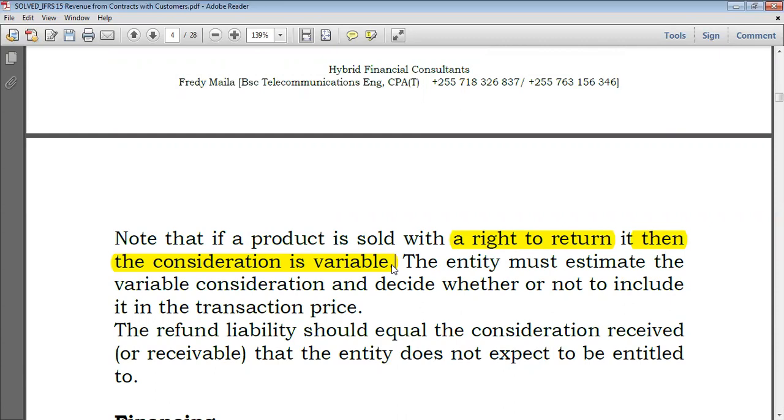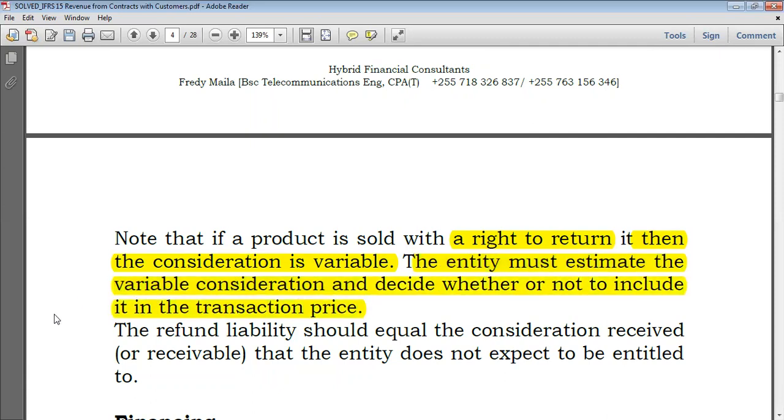So the sales you seem to have made could actually have to be decreased due to the returns inwards made by the customer. Since you delivered the goods to the customer and gave the customer such a right to return, you have to incorporate that impact right away. So the entity must estimate the variable consideration and decide whether or not to include it in the transaction price.